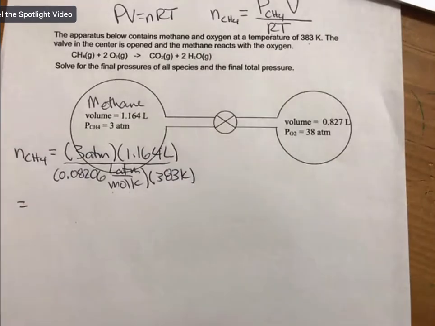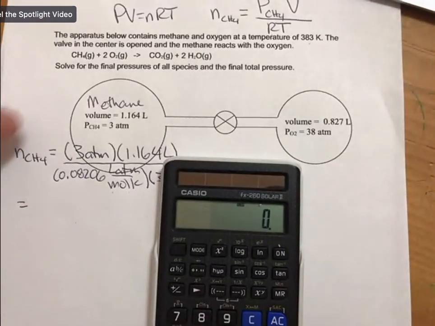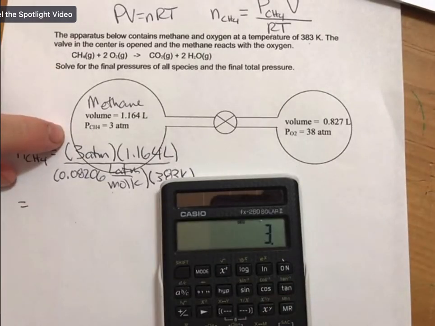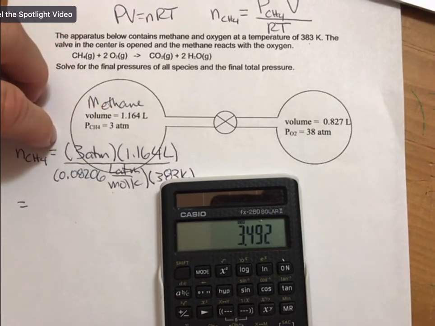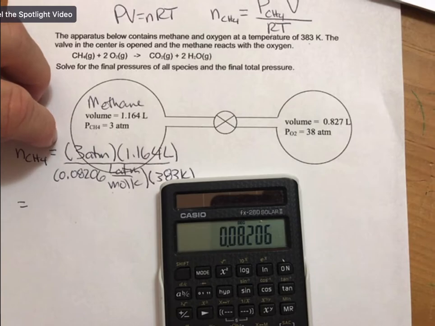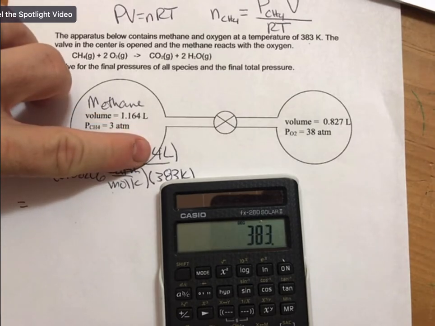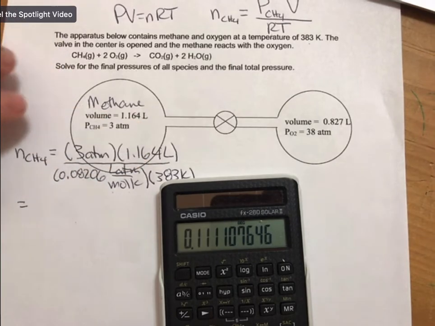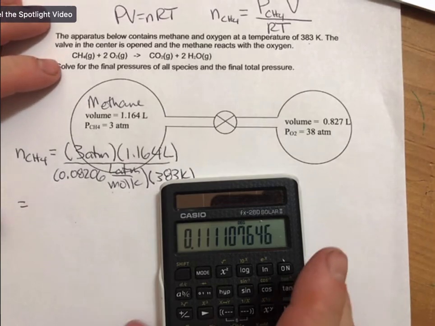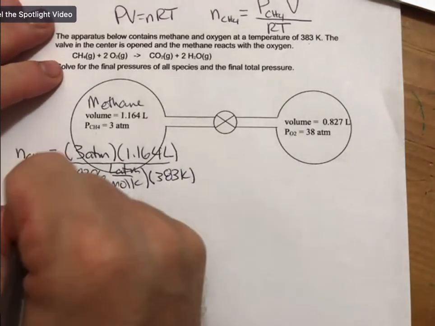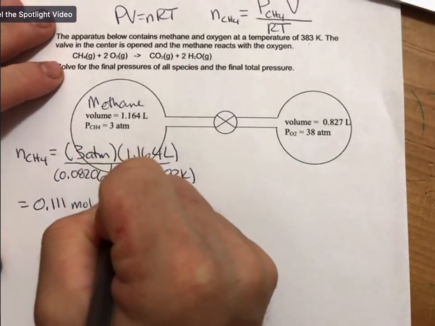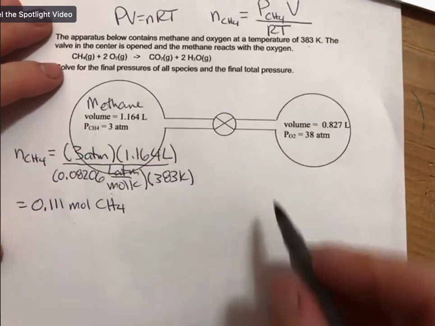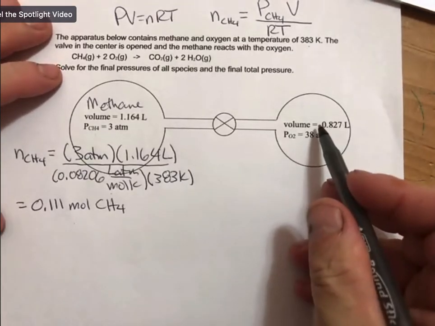So my moles of methane: 3 times 1.164 divided by 0.08206 divided by 383. I get 0.111 moles of methane. And then I can do the same thing for oxygen.